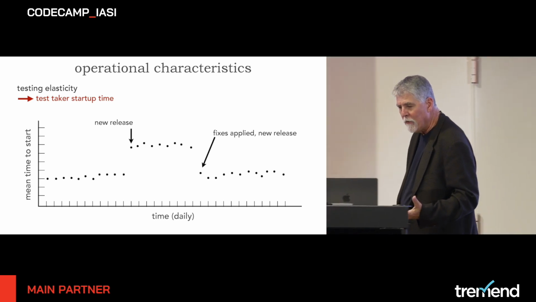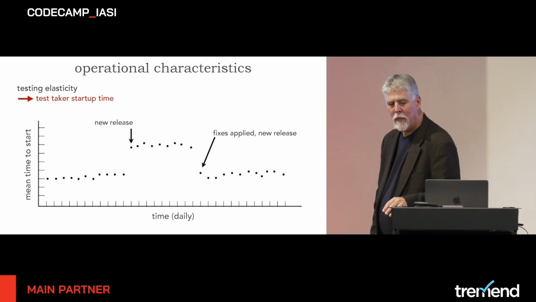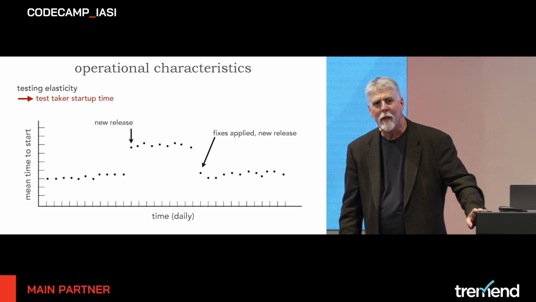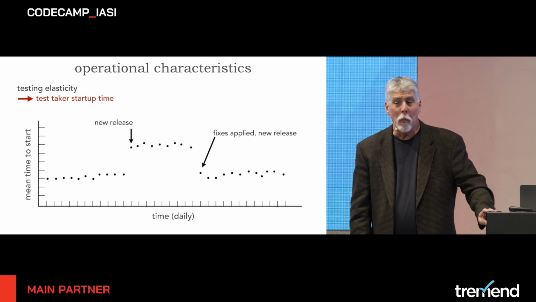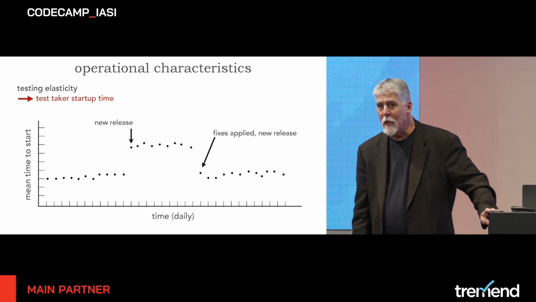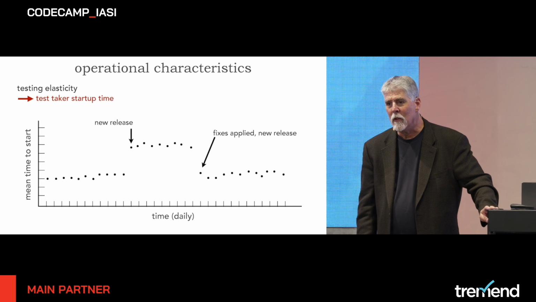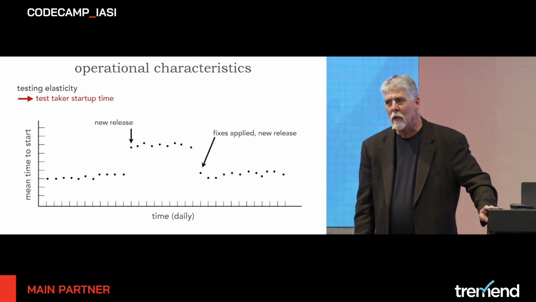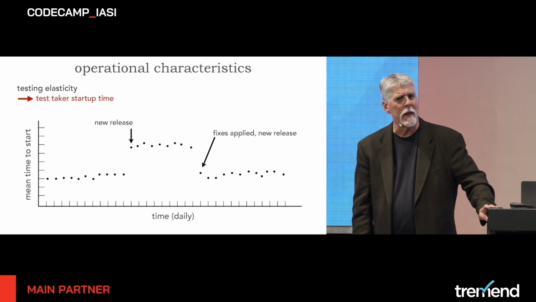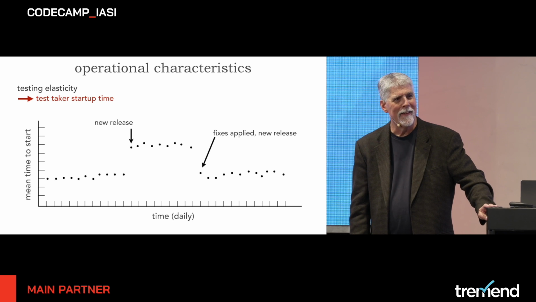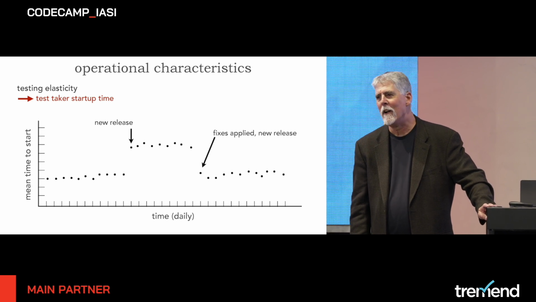Ooh, what happened? We had a new release of that test taker service. And you know what happened? We did something to impact the mean time to start of that service. Is that something you would ever think about testing? Never.